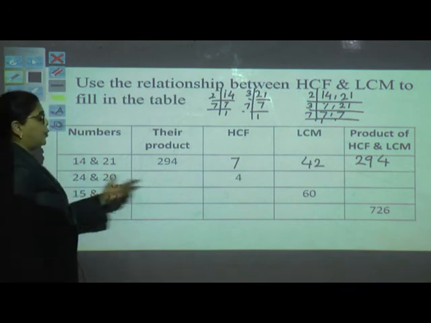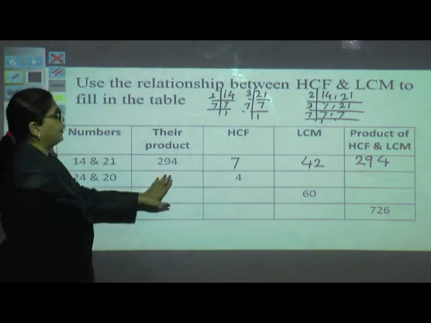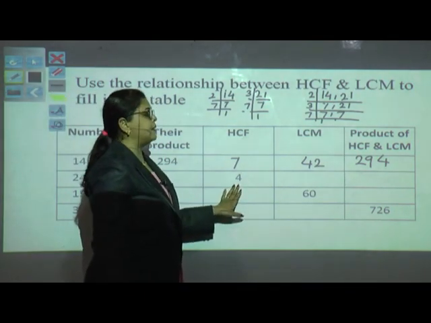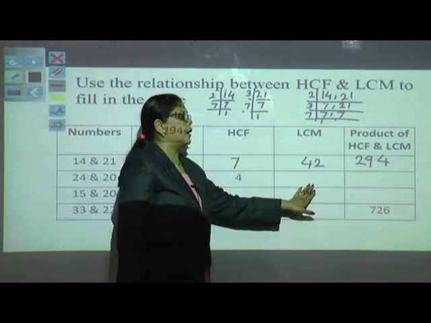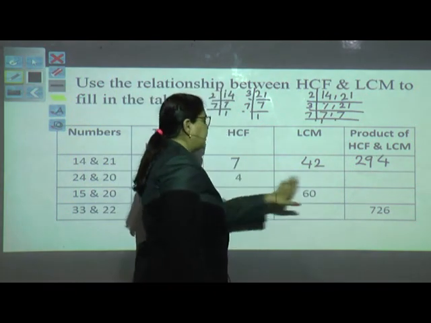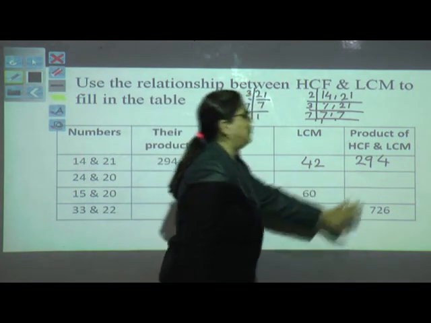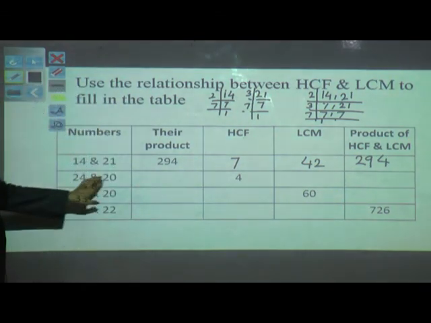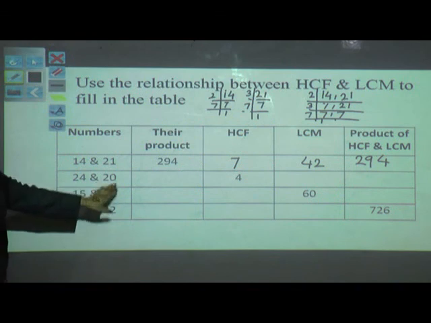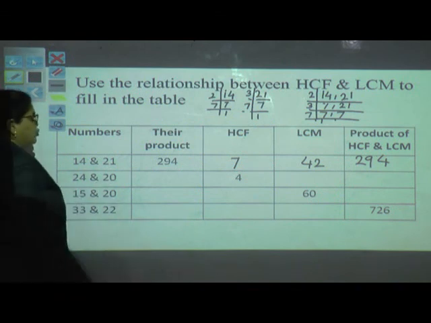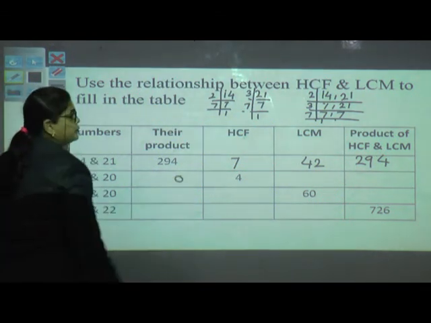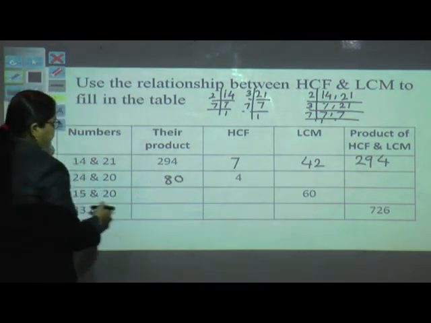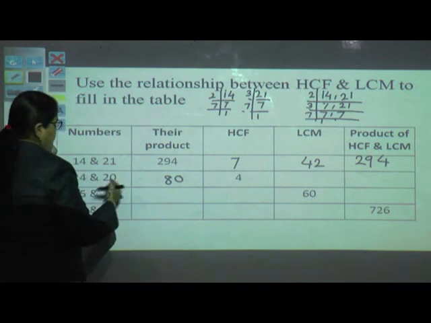Here the product is not given, so I have to find the product. HCF is given to us, so no need to find the HCF. We can go directly to find the LCM, and then do the multiplication of these two to find the product. What will be the multiplication? I told you that when there is a 0, we can use the magic of 0. So we will write here 0, 2 4s are 8, and 2 2s are 4.